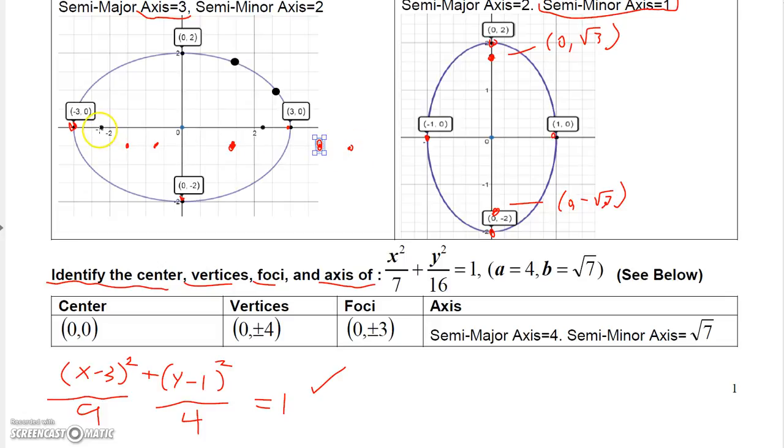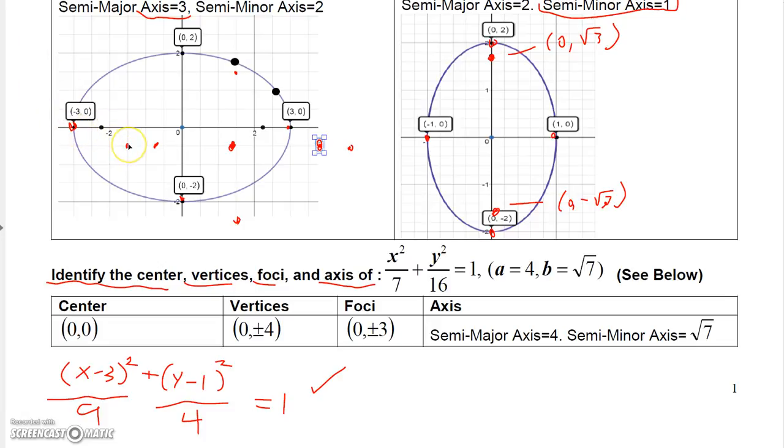And this vertex would move 3 to the right and down 1. And this focus would move 3 to the right, down 1. And so would these vertices and this point. All those points would just move 3 to the right and down 1.